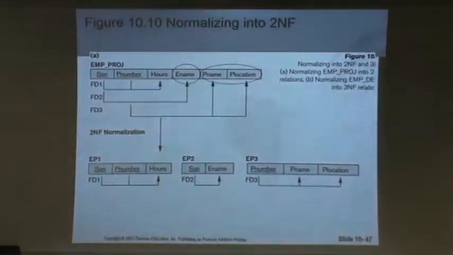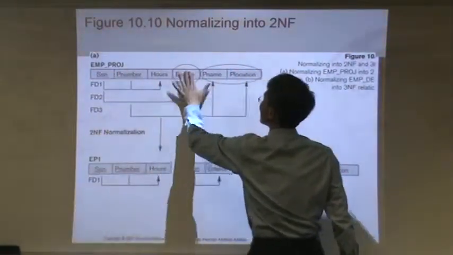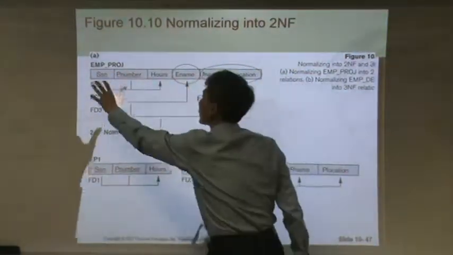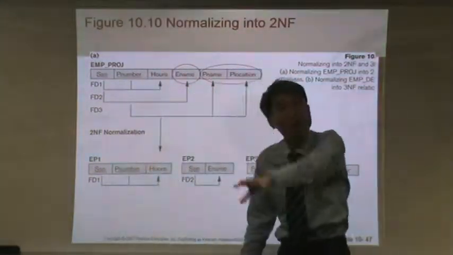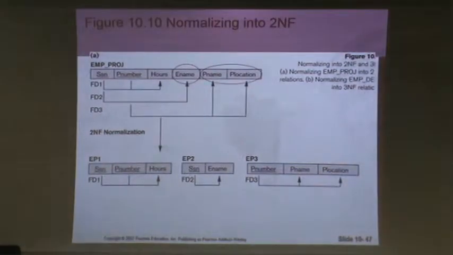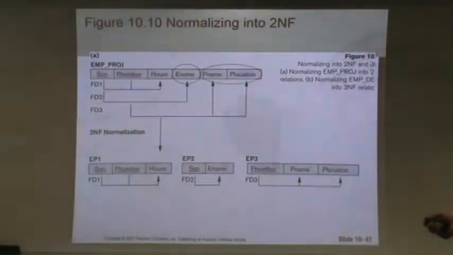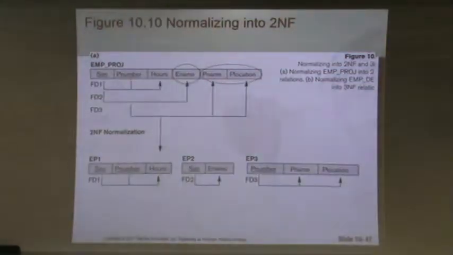You can find as many functional dependencies as possible here. Social security number plus E name determine something; social security number, P number plus hours plus E name determine hours. There can be also such functional dependencies, but we are not going to consider all of them, only the minimal functional dependencies. In this case, there are three minimal functional dependencies.